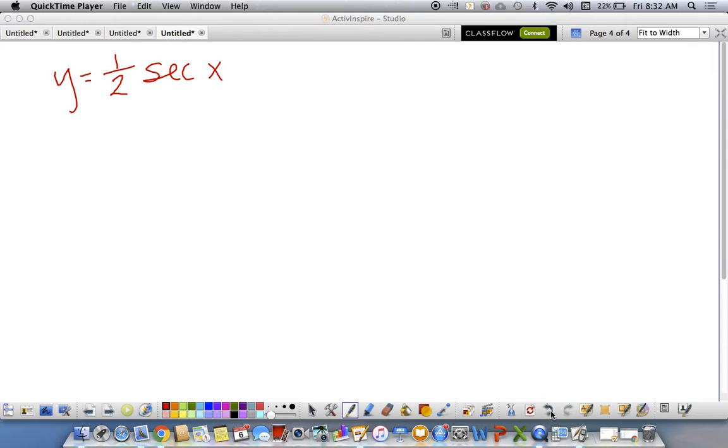Can you still guess what I'm going to do? Every single time, I'm going to draw the original graph over one period, just one period. And then you'll see why I like two periods when it deals with cosine. You'll find out.